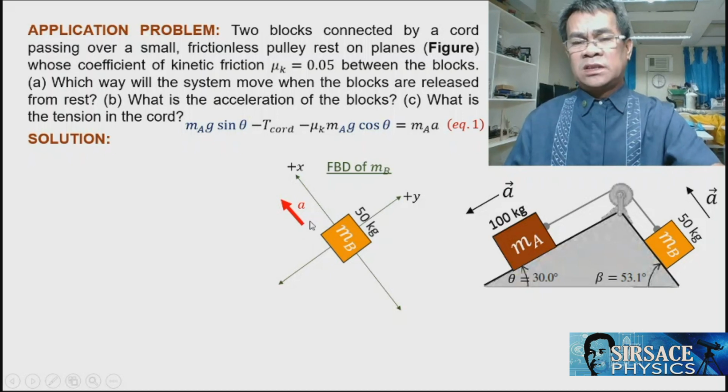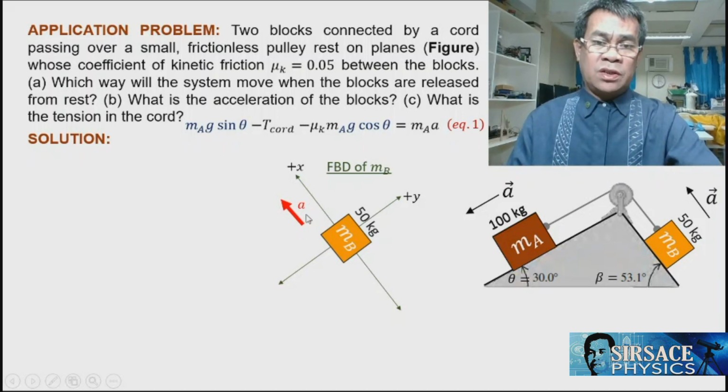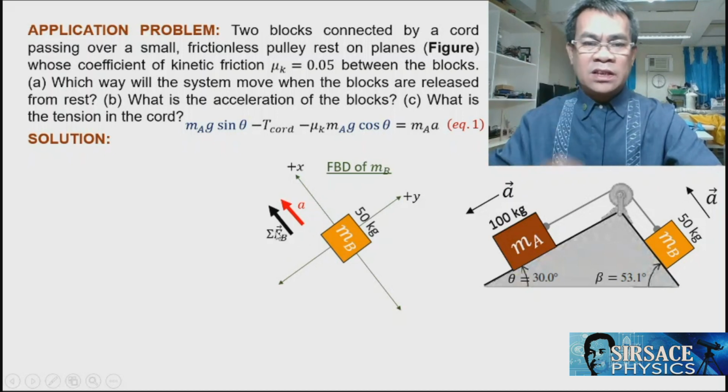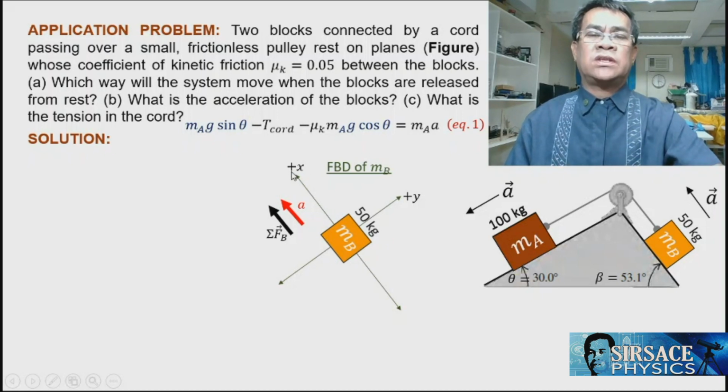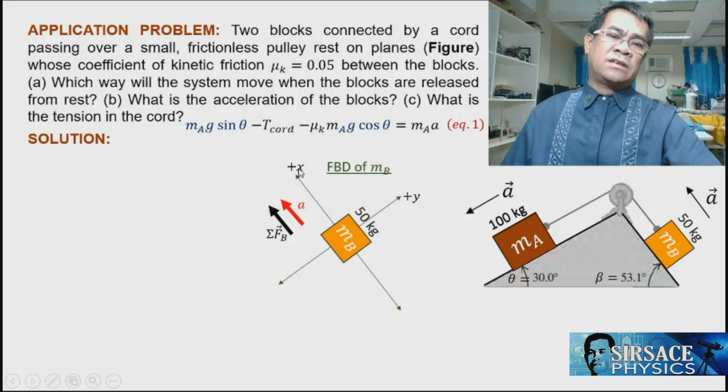Now in that case, according to Newton, whatever the direction of acceleration will be the direction of the net external force of block B. So we already have the idea that the net external force will be along this axis. That's why I use it as the positive x-axis.